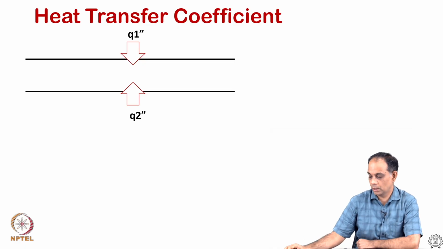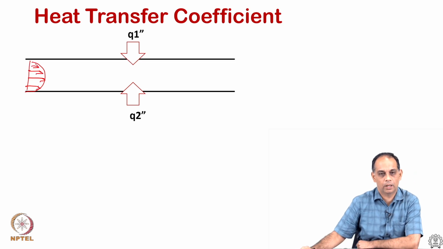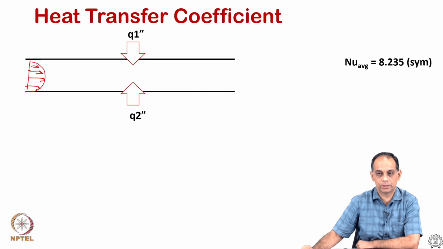The typical solution, if I assume fully developed flow for my velocity and thermally fully developed flow, is recorded for flow that is fully developed thermally and hydrodynamically.